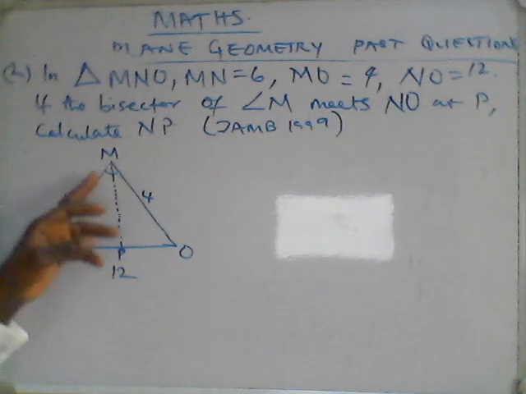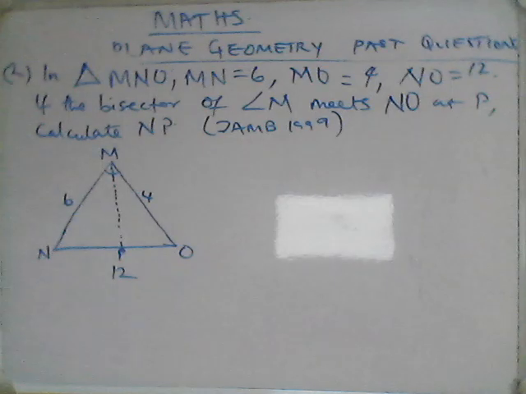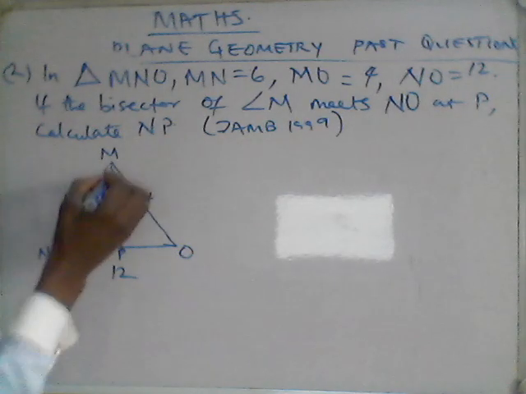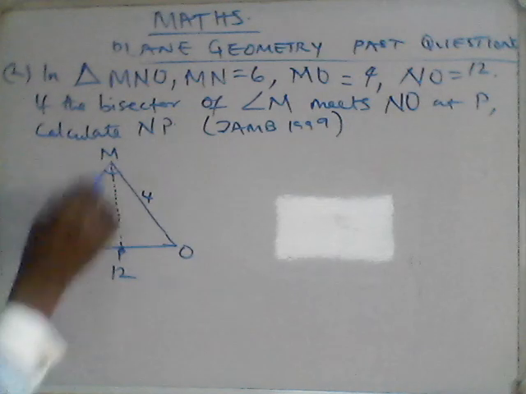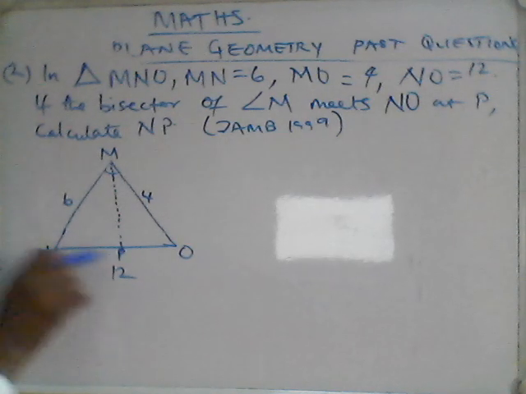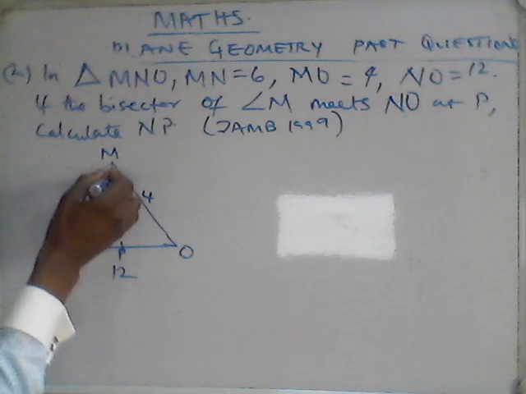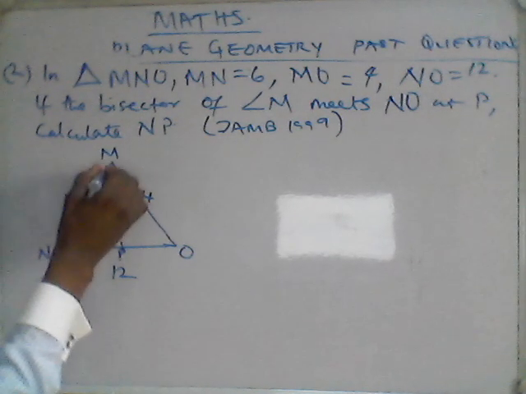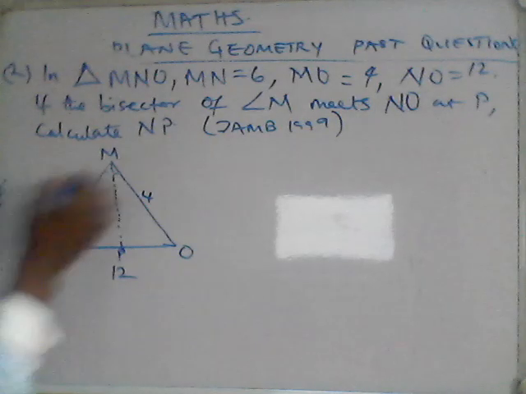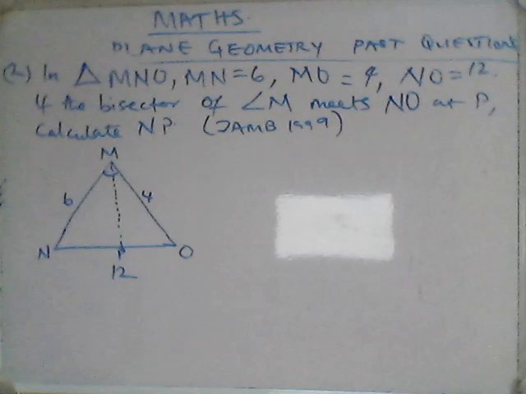Now, because I have a bisection of this angle into two equal halves, I'll have similar triangles, because triangle NPM, just follow my marker, has the same angle as triangle OPN. So this is actually similar. By the similar triangle rule, I can write a formula.